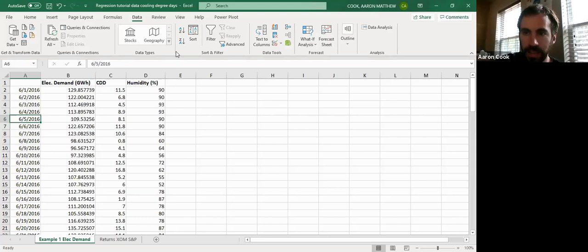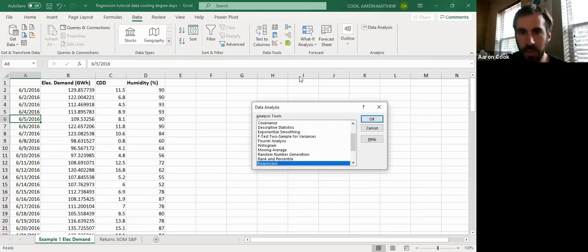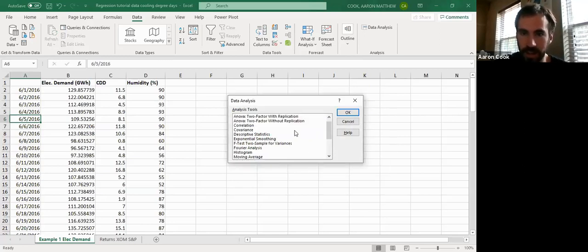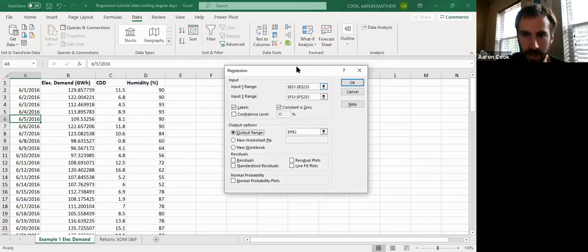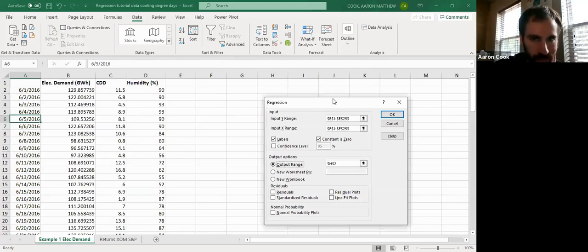In any case, this data analysis ToolPak is what you need to do regression analysis. There's a bunch of different statistical functions in this data analysis package. The one that we're going to want to use is regression. So if you click on regression and then hit OK, that's going to bring up this window here in the middle of my Excel window.